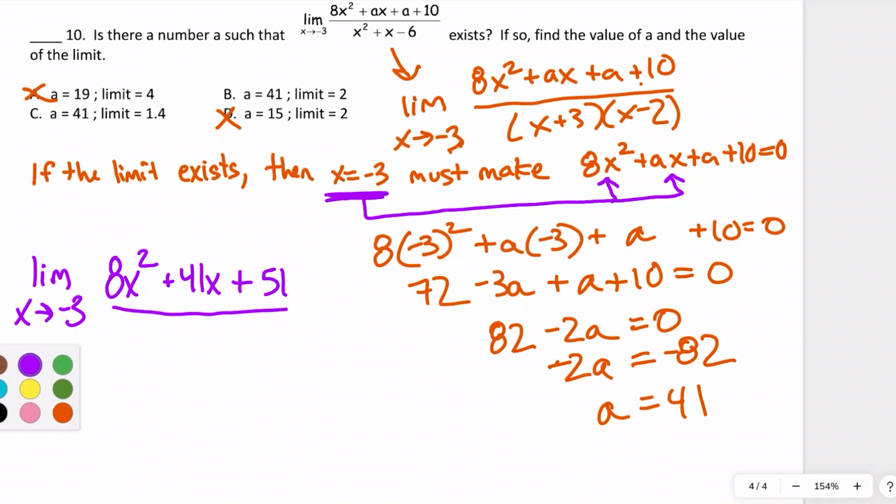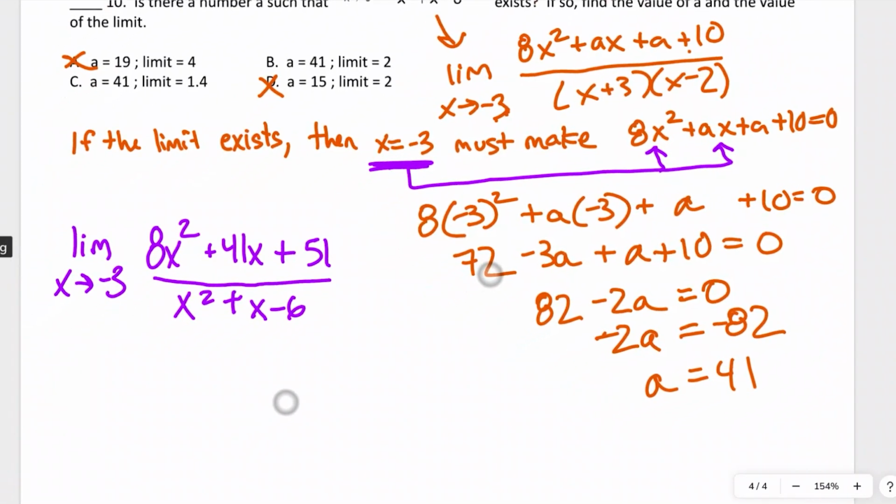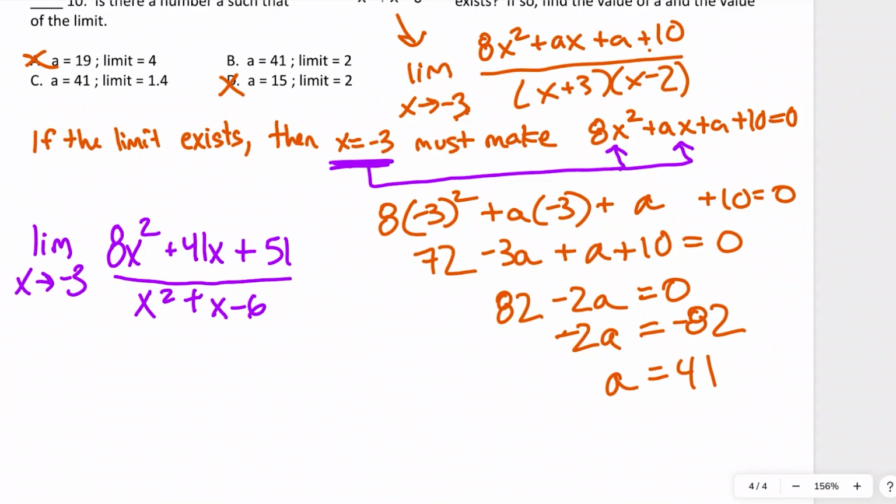Oh, God, that's going to be really terrible to factor. But it's okay because the denominator is pretty easy to factor. My assumption is that we're going to have an x plus 3 in the numerator somewhere. So let's go ahead and factor the denominator as x plus 3 times x minus 2.